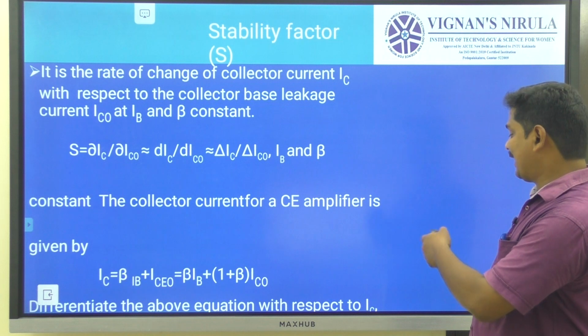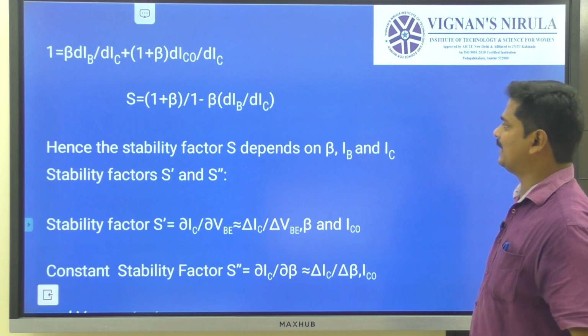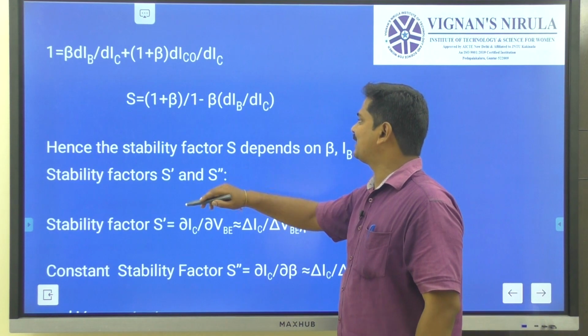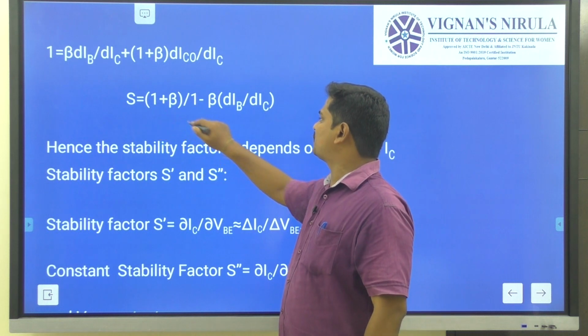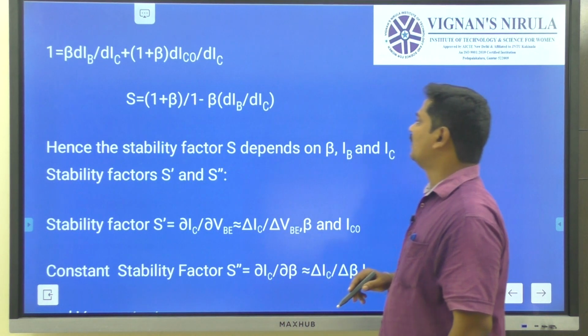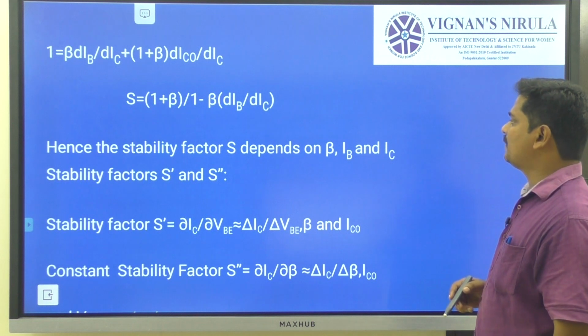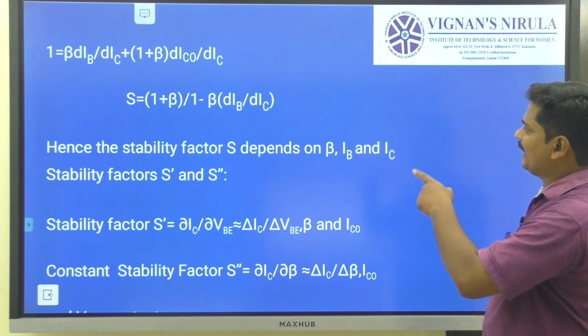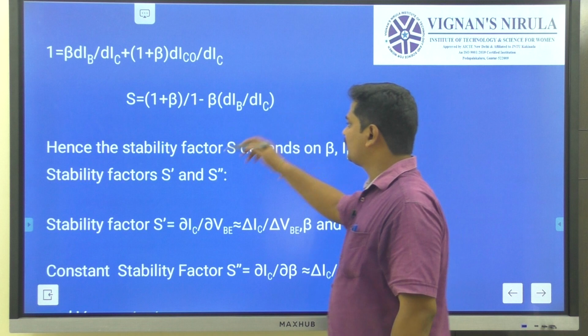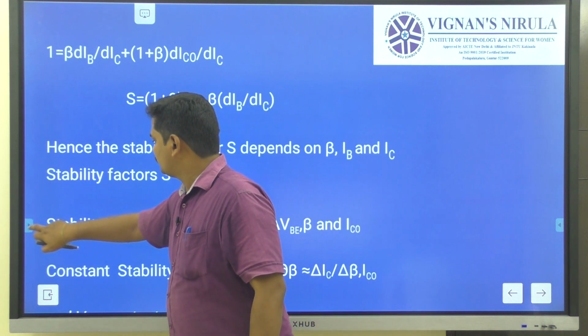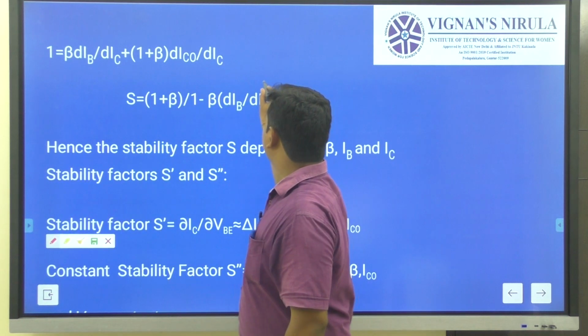When you differentiate this equation with respect to IC, we will get S equal to (1 plus beta) into (1 minus beta into dIB by dIC). Please remember this equation.